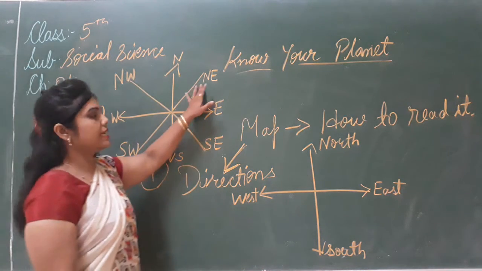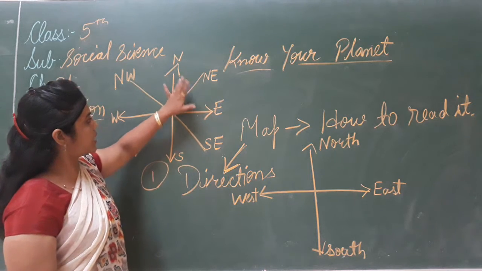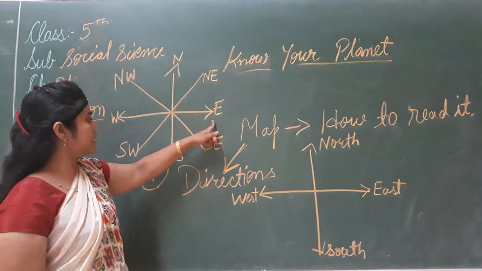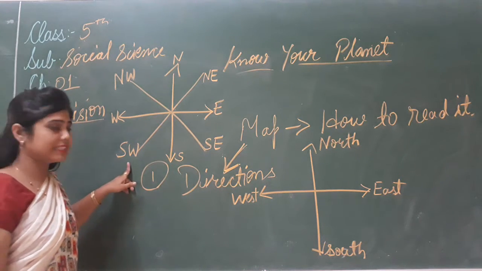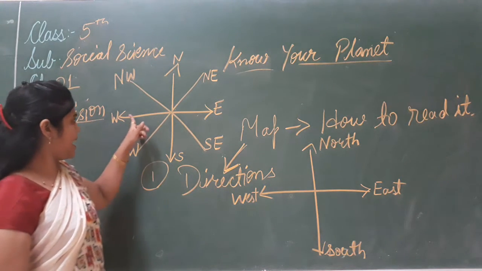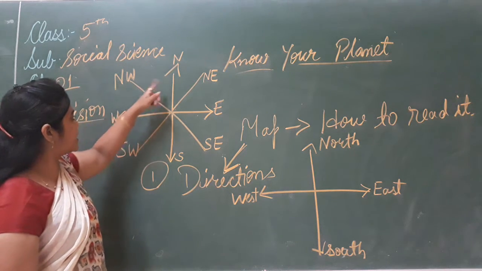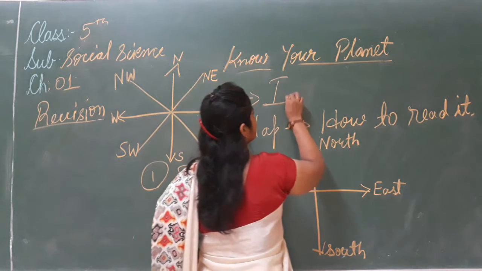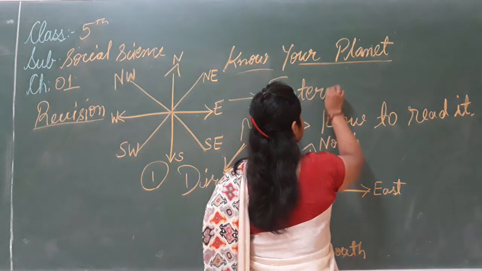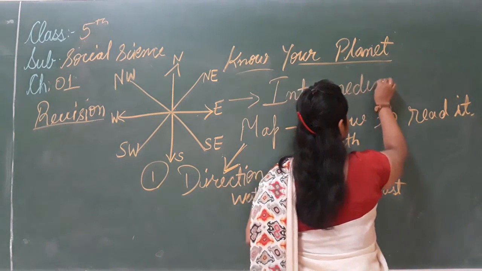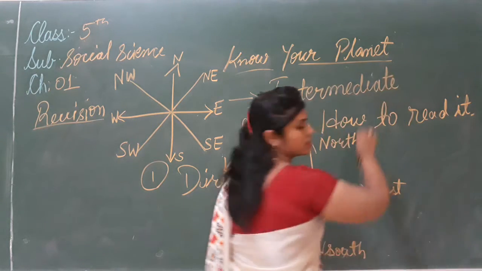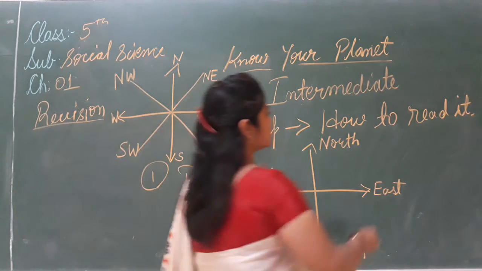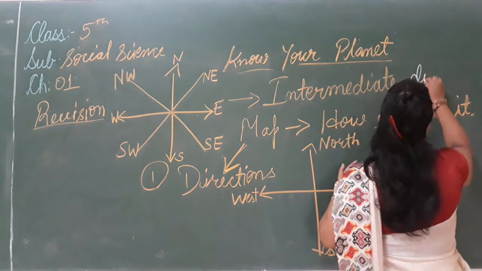Northeast lies between north and east, southeast lies between south and east, southwest lies between south and west, and northwest lies between north and west. These are called the intermediate directions.